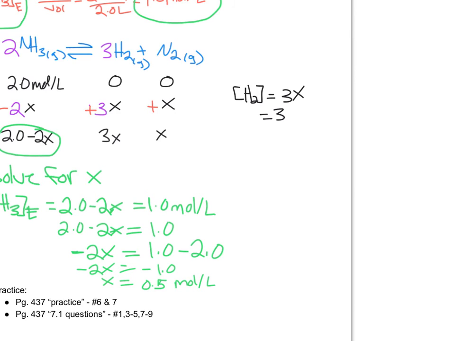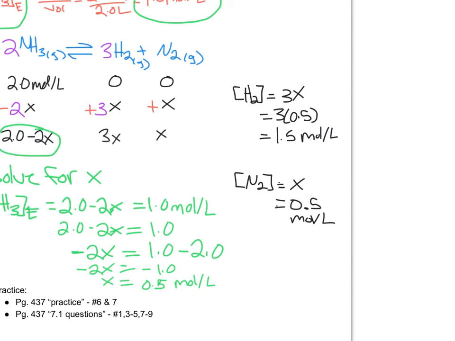It's going to equal 3 times 0.5. So our concentration is going to be 1.5 mole per liter. Then we're going to do exactly the same thing for the nitrogen gas. Over here in the ice table, it tells us that it's just going to be x, so that one's really easy. N2 concentration equals x, so therefore it equals 0.5. I'm just going to write my units underneath, mole per liter.